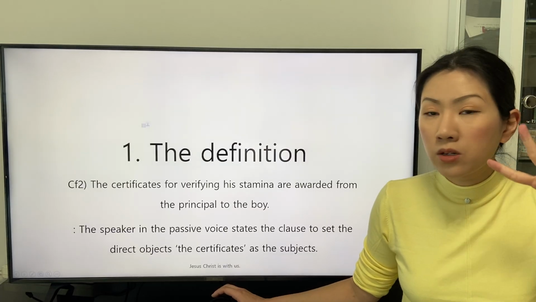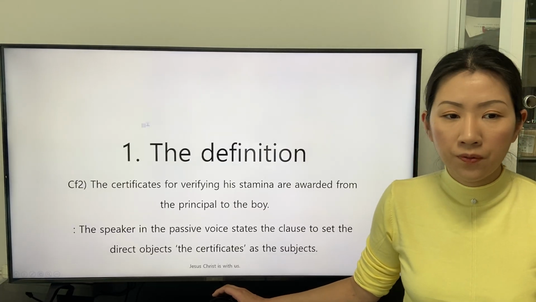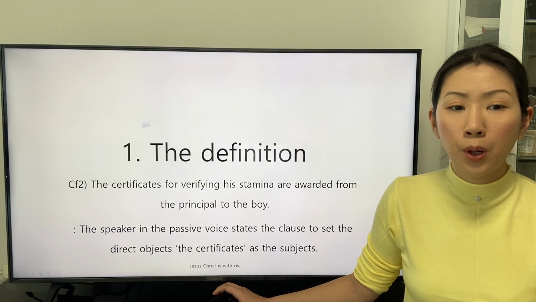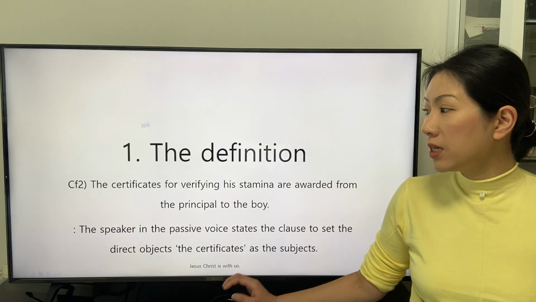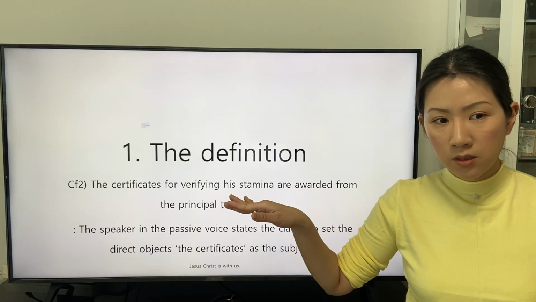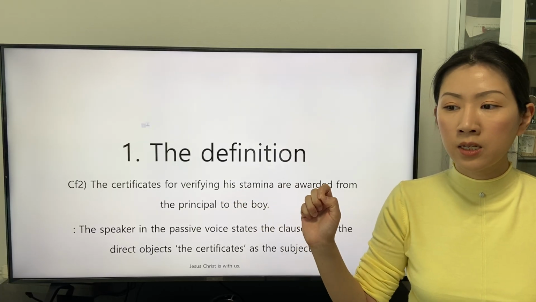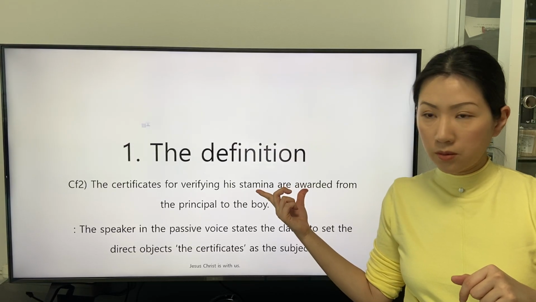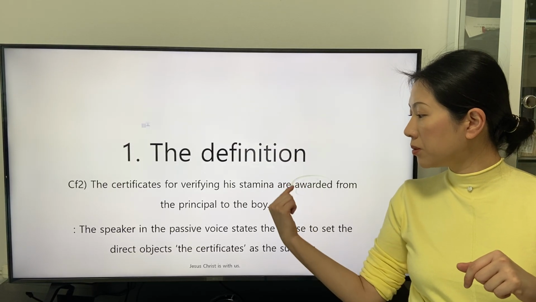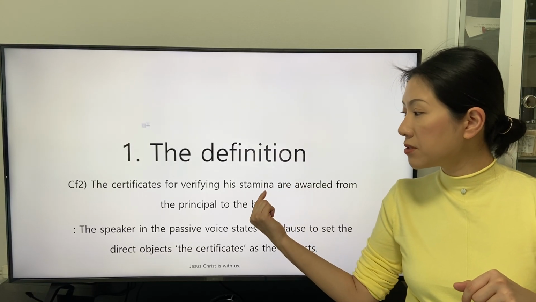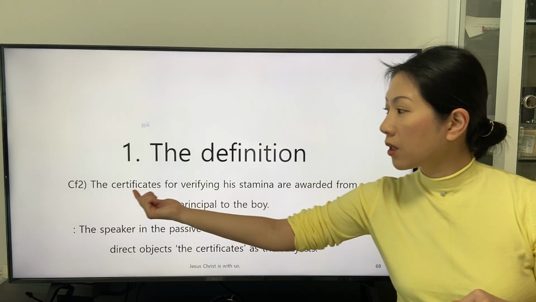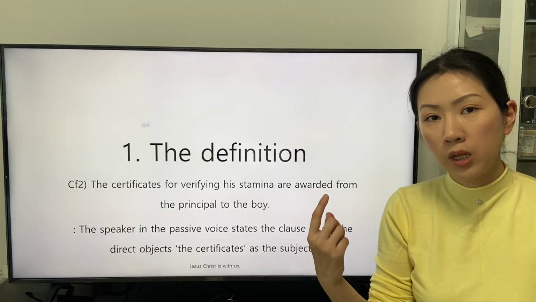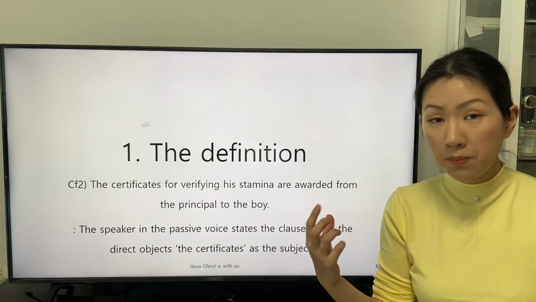There is the second clause. The certificates for verifying his stamina are awarded from the principal to the boy. This clause is stated in the second type of clause because the past participle awarded describes the subject as with a role as a subjective complement.